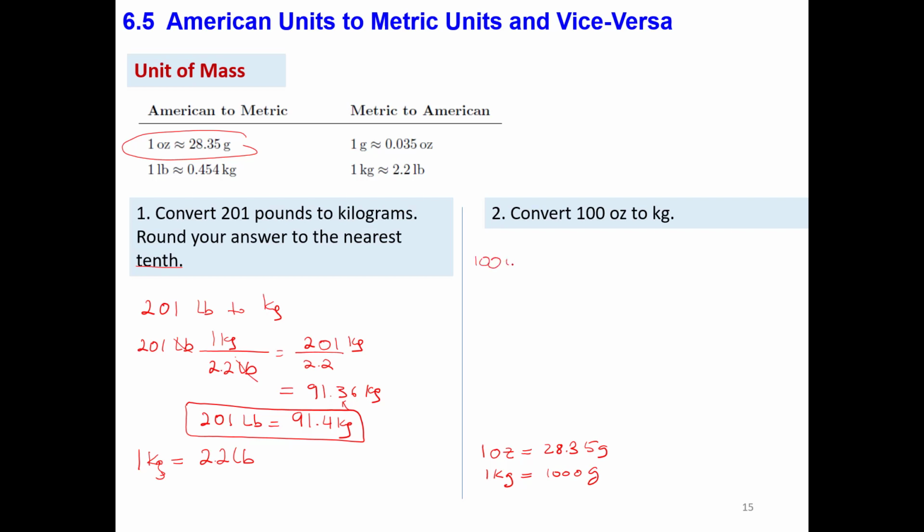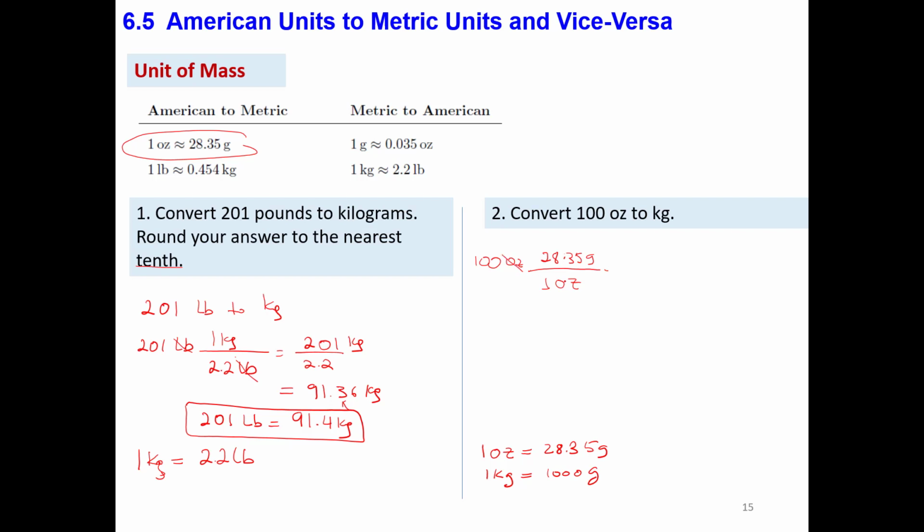100 ounces. And let's write next. We want first to convert into grams. We need to cancel out the ounces. Then we had 1 ounce here, and on top we had 28.35 grams. Now we want the answer in kilograms.